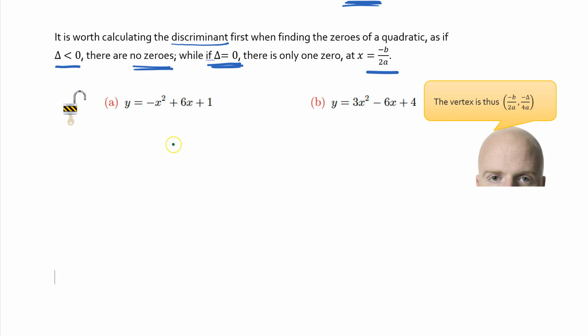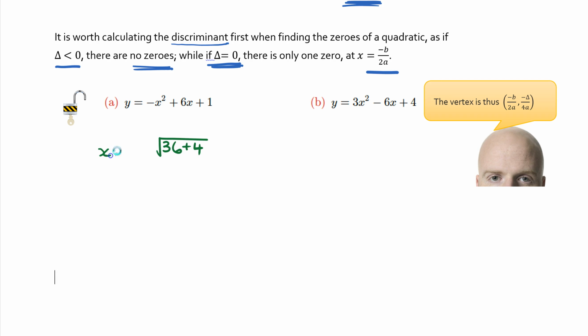So the discriminant is b squared, which is 6 squared, minus 4ac, so that's minus 4 times minus 1, which is plus 4 times 1. So we are going to have two solutions to this equation, because the discriminant is greater than 0.